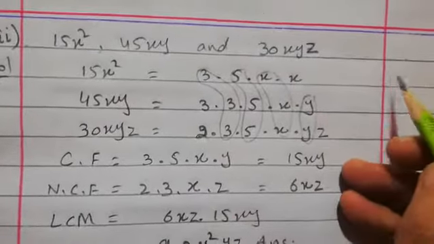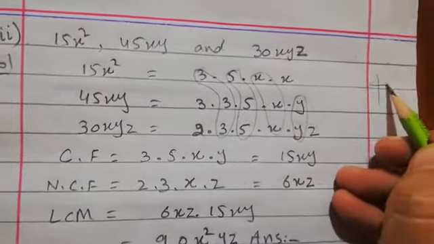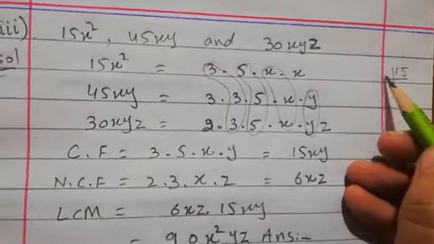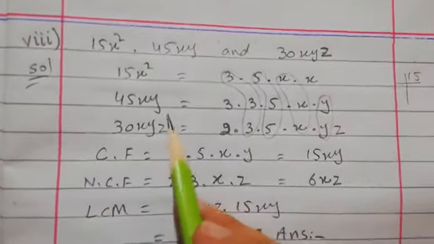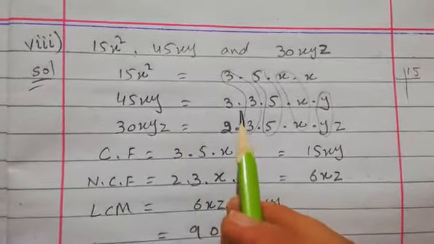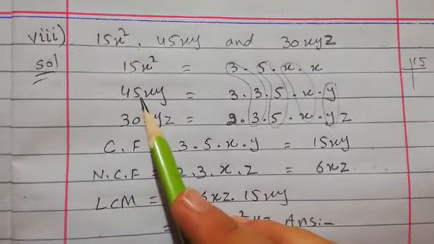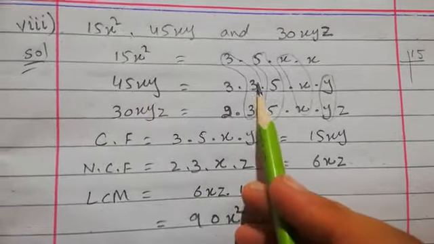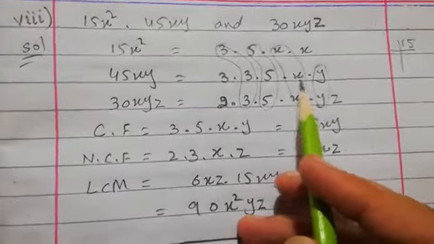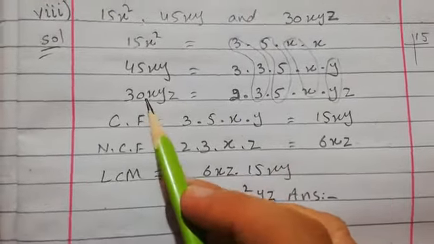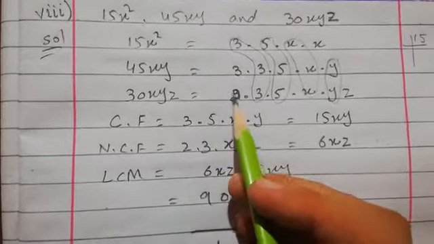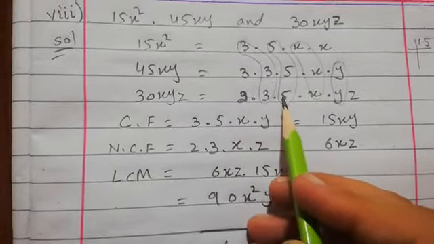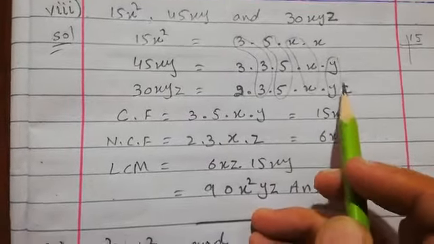We get this by the prime factorization method. 45xy is 3 into 3 into 5 into x into y, and 30xyz has the factors 2 into 3 into 5 into x into y into z.